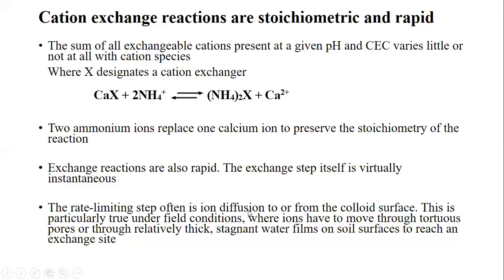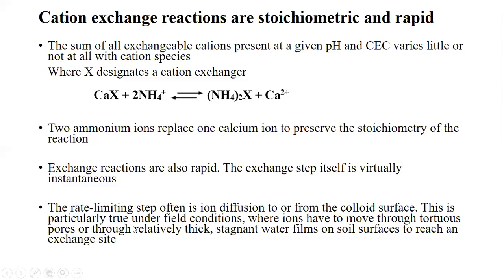It is the ion diffusion to or from the colloid surface. If it's going to the surface, that's diffusion to, or if it's leaving the colloid surface, it's diffusion from that surface. So either way, diffusion, remember, is moving from high concentration to lower concentration, diffusion of ions.